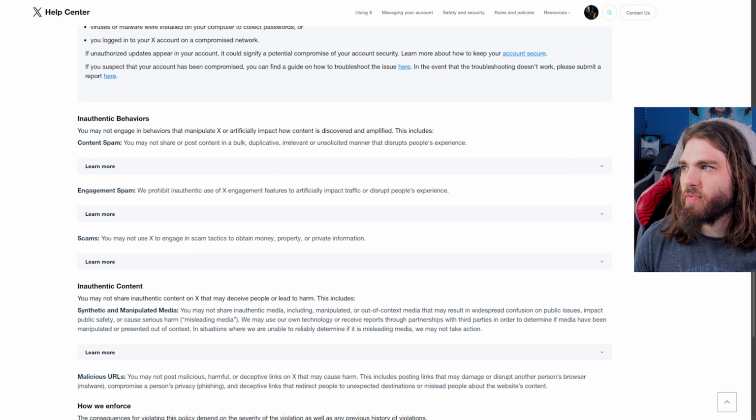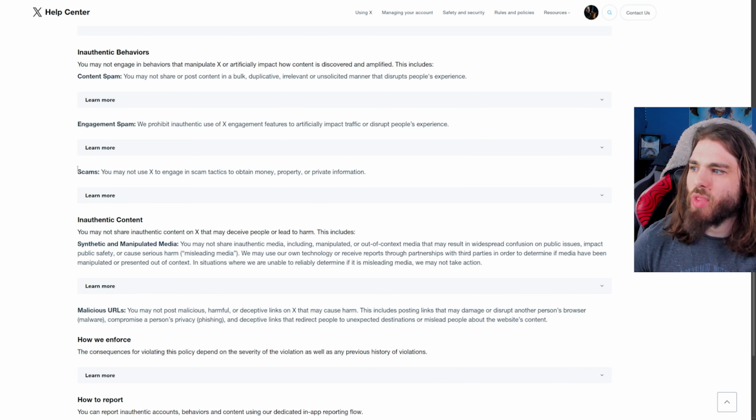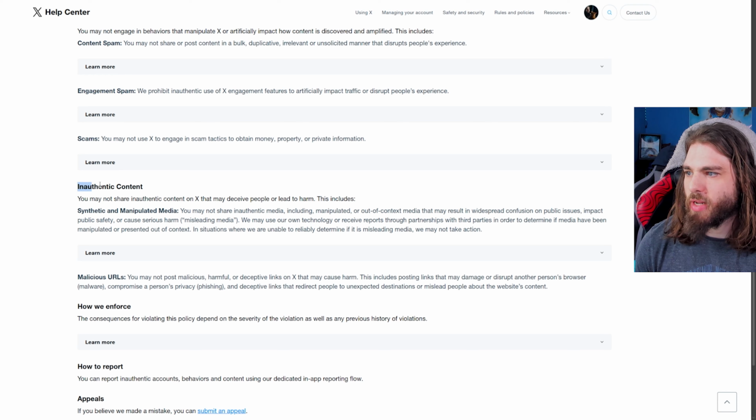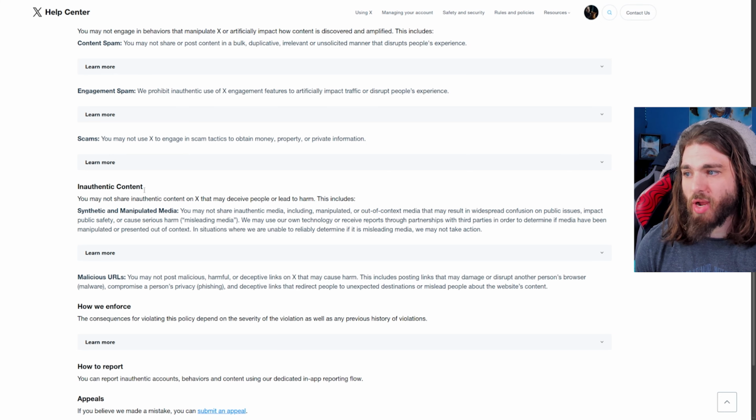So I highly doubt I have any impact on something like this. Then we got scams. I mean, obviously I didn't scam anything or anyone. And on inauthentic content, you may not share inauthentic content on X that may deceive people or lead to harm. I hate that stuff. I always go out of my way to avoid scams and all this other stuff. So I highly doubt I shared any of it.